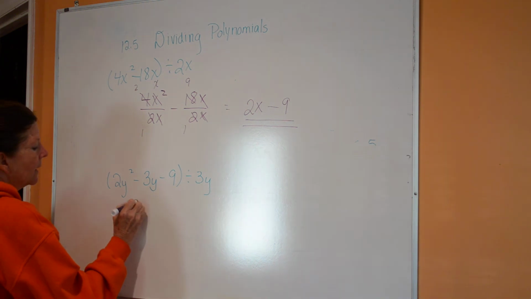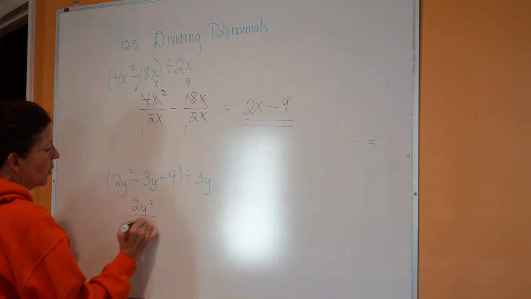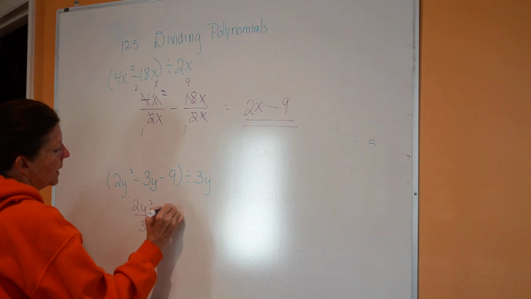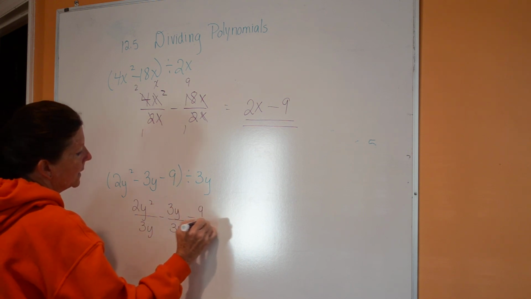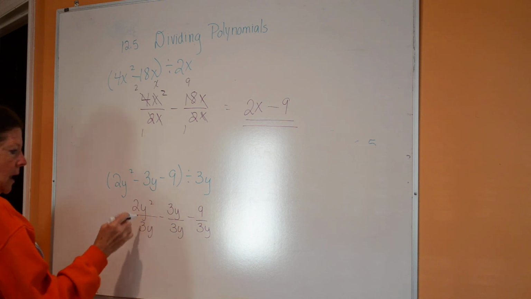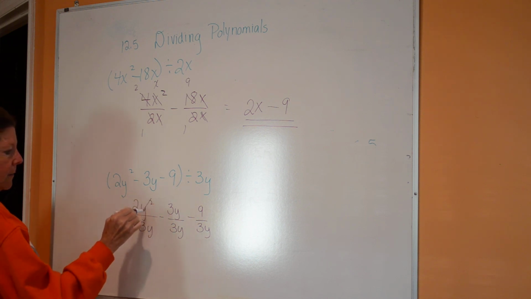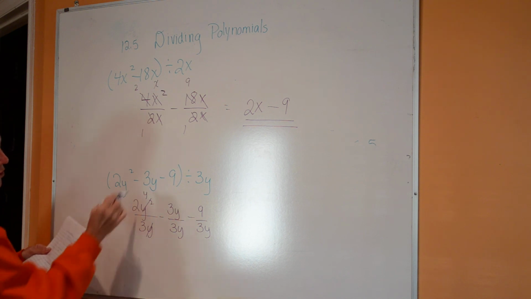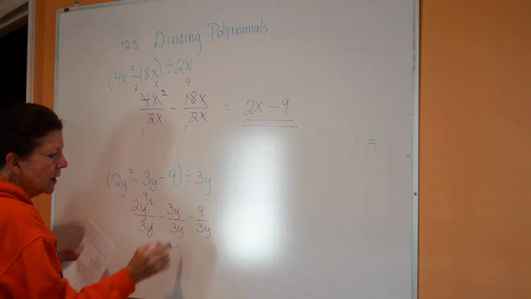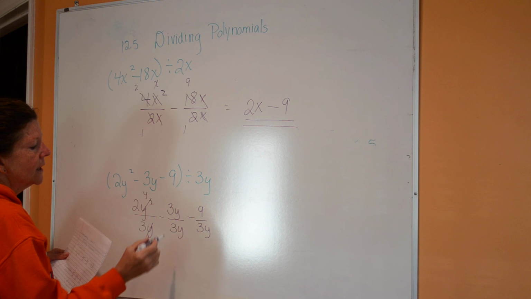Then on this one I have 2y squared over 3y minus 3y over 3y minus 9 over 3y. Can't do anything with the 2 and the 3, but I can take the y squared over y, and that's just y on the top. This one, it doesn't reduce down to 0.